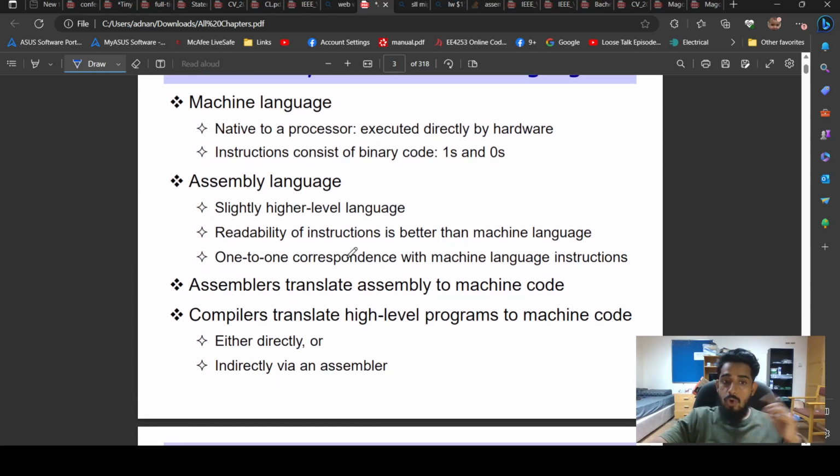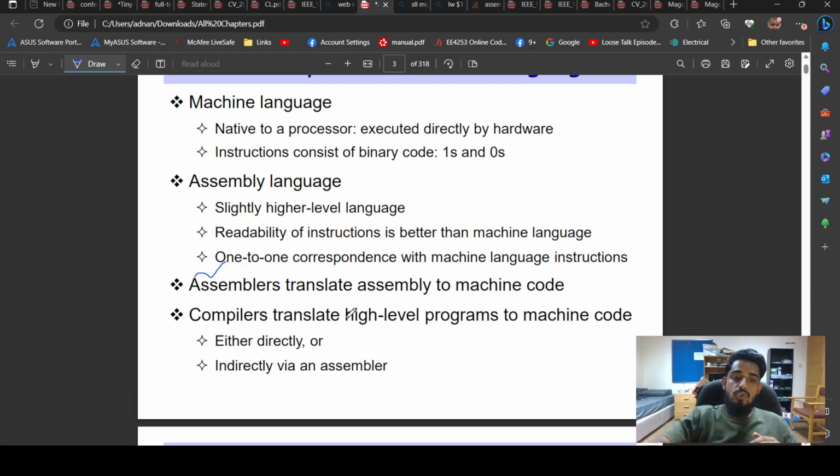Here we have to think about the assembler. We will see what the assembler, the linker, and the compiler are in the next slides. Mostly the assembler translates assembly language toward machine level language.